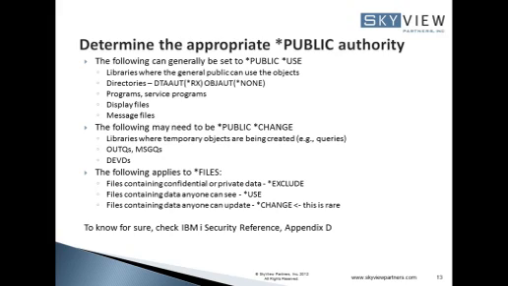So for example, if you're doing a display file, it would say what authority is required to the file that you're displaying. Or if you're doing an update data, which is a command that allows you to update data, it's going to tell you the authority that is required. So check if you're in doubt and you have some function that you know needs to be done against a certain object type, you can look up that command in the IBM Security Reference Manual Appendix D and find out what authority is required for that.